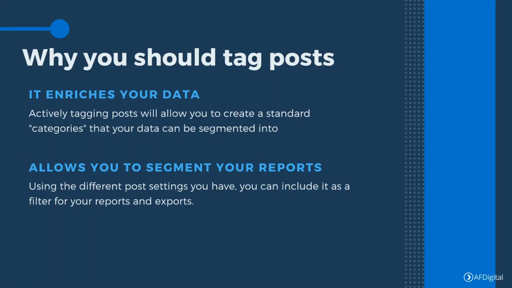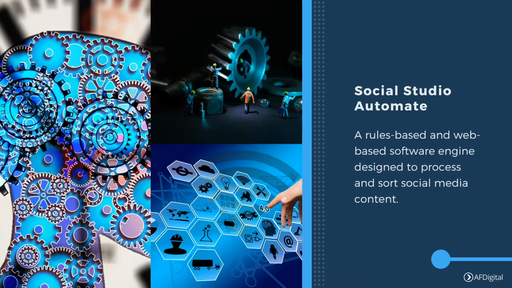The reason I'm bringing up the concept of tagging again is that it's one of the major things that Social Studio Automate can simplify. Tagging is a wonderful practice, but if about 50,000 posts come in every day, for one user to do all of that active tagging is kind of reaching impossible heights.